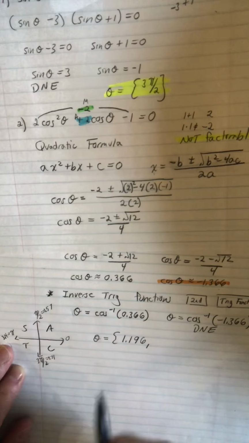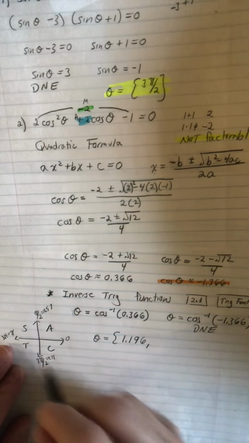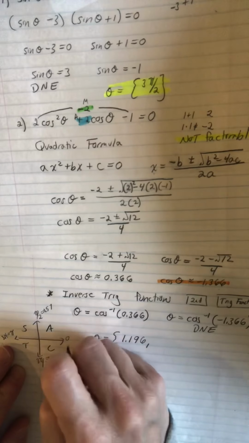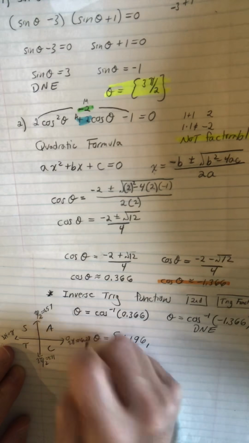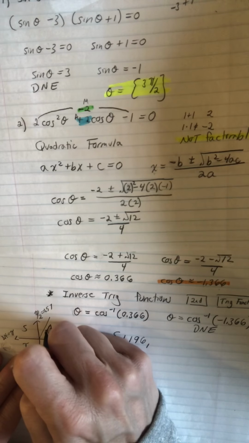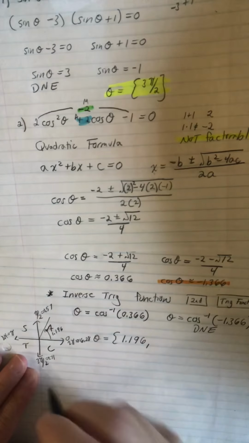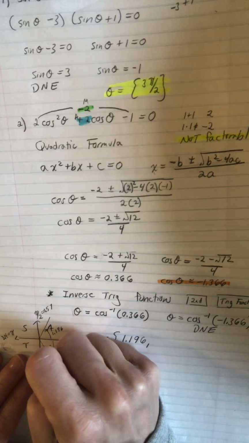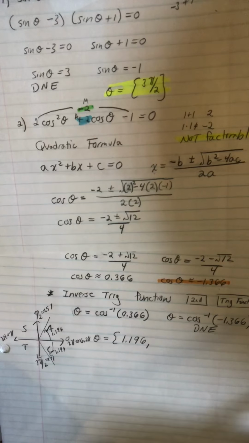I know this 1.196 is in quadrant 1. I need to have another cosine that's positive over here. Now remember, it's between 0 and 2 pi. So this is 0 and this is approximately 6.28. So to find it, watch this, guys, if this is 1.196 in this direction, I need to do 1.196 here to find something with the same exact cosine value, because I know cosine is positive in quadrant 4.